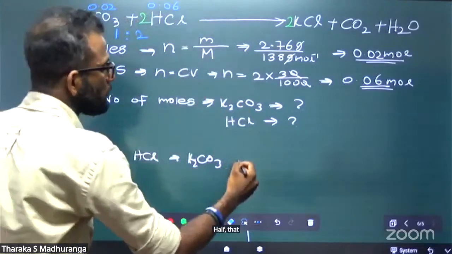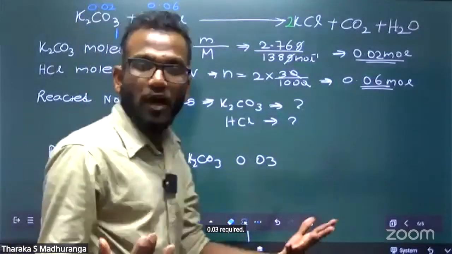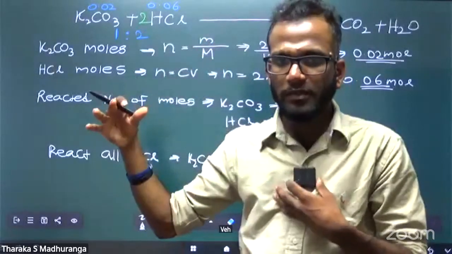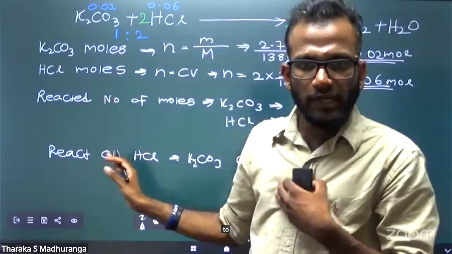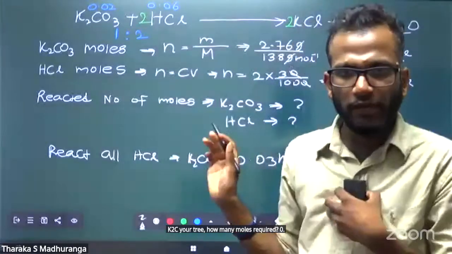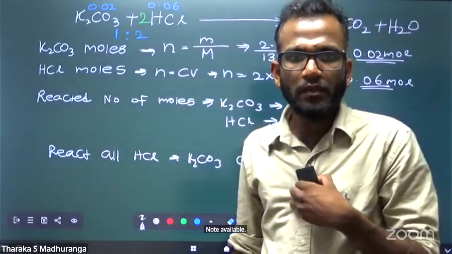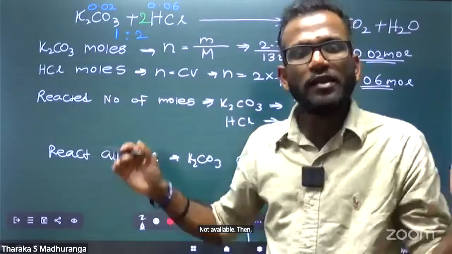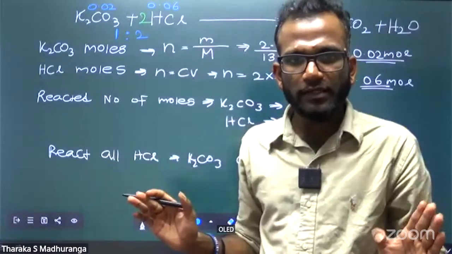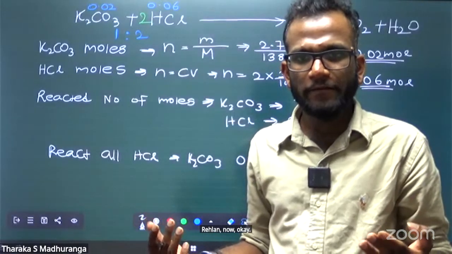That means 0.03 required. It is half from HCl required. To react all HCl, K2CO3, how many moles required? 0.03 moles required. But is it available? Not available. Then all HCl cannot be reacted. Now okay?